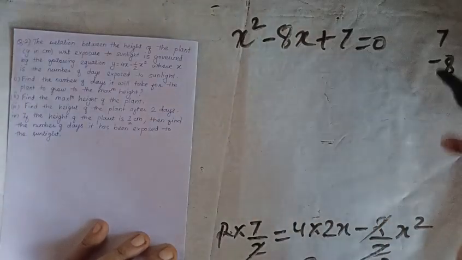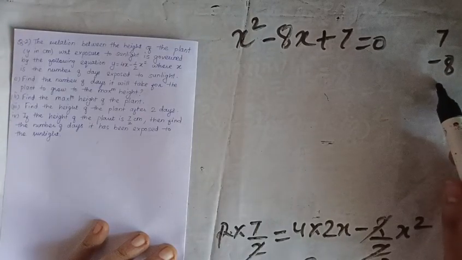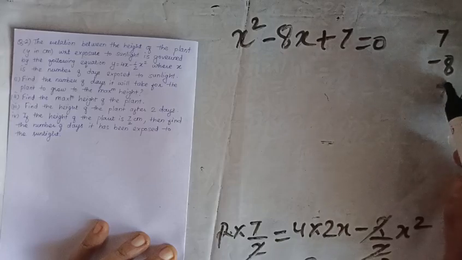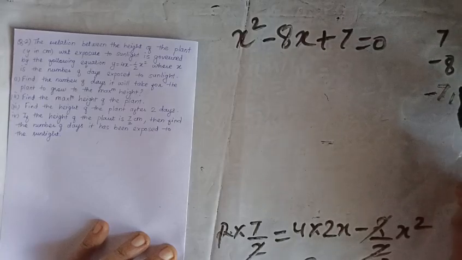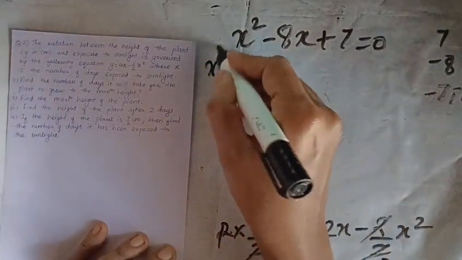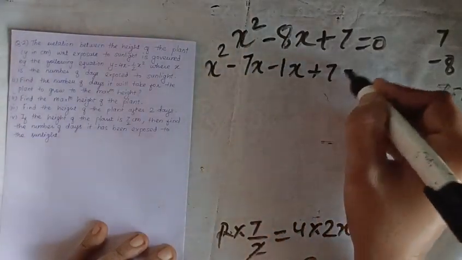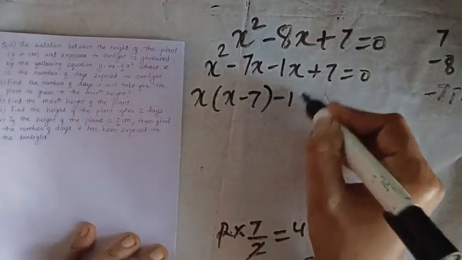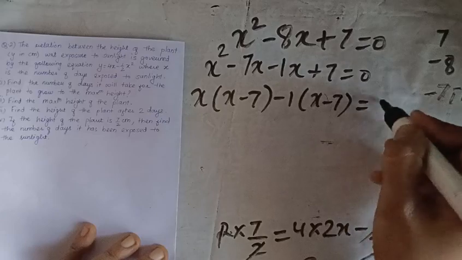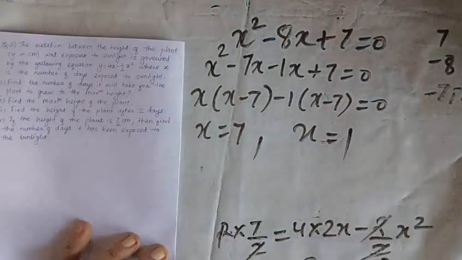So factorizing, 7 is 7 times 1, so x equal to 7 and x equal to 1.